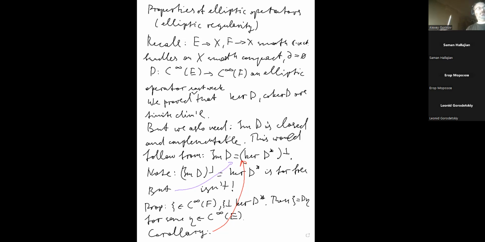Well, let's go through this again. First of all, the orthogonal complement of every subspace in a Fréchet-Hilbert space is closed. So there are no surprises there, which is basically straightforward from the definition.